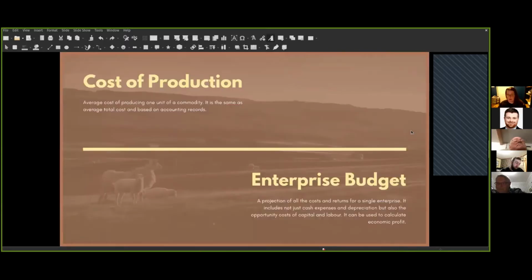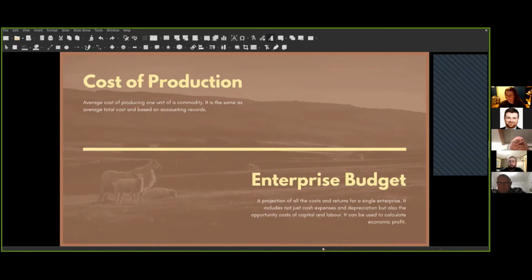Starting with cost of production: it is basically the average cost of producing one unit of a commodity, in this case, a lamb. It's the same as your total average cost, and it is based entirely on your accounting records.